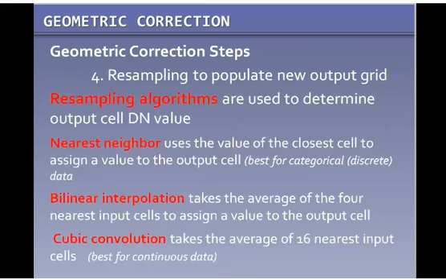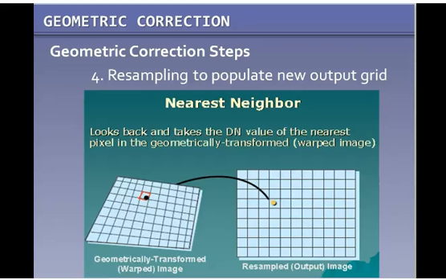And just like we have different geometric models for that transformation step, we also have different resampling algorithms that we can choose to use. And we're going to go over each of these so you can understand how they're different. But essentially the most common are the nearest neighbor resampling, bilinear interpolation, or cubic convolution. Nearest neighbor is the simplest. It literally takes the center location of each pixel and it just looks back to the original image and pulls out whichever DN value is closest.